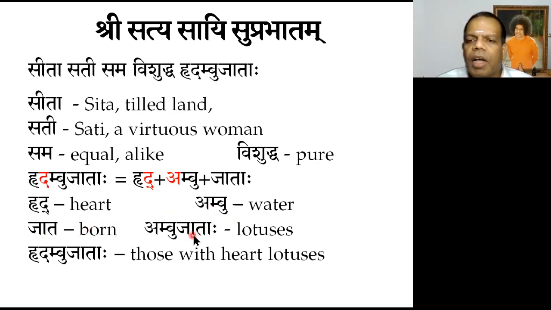So Ambu Jata means that which is born of water. Generally, you may have also heard the word Ambuja also, so those are names for a lotus. Ja is also to be born. Jata is also born. Hridambu Jata means those with heart lotuses. Okay. I put it as heart lotuses, lotuses of the heart.